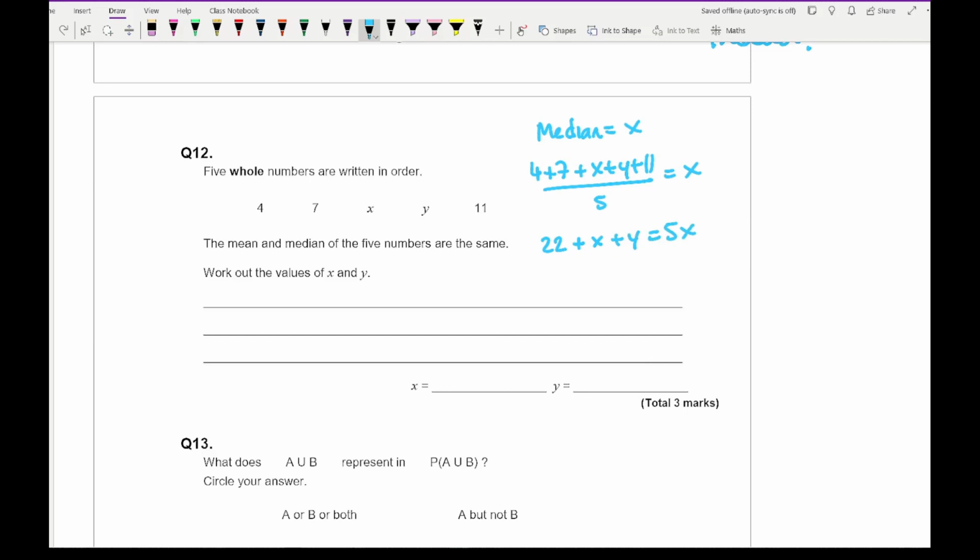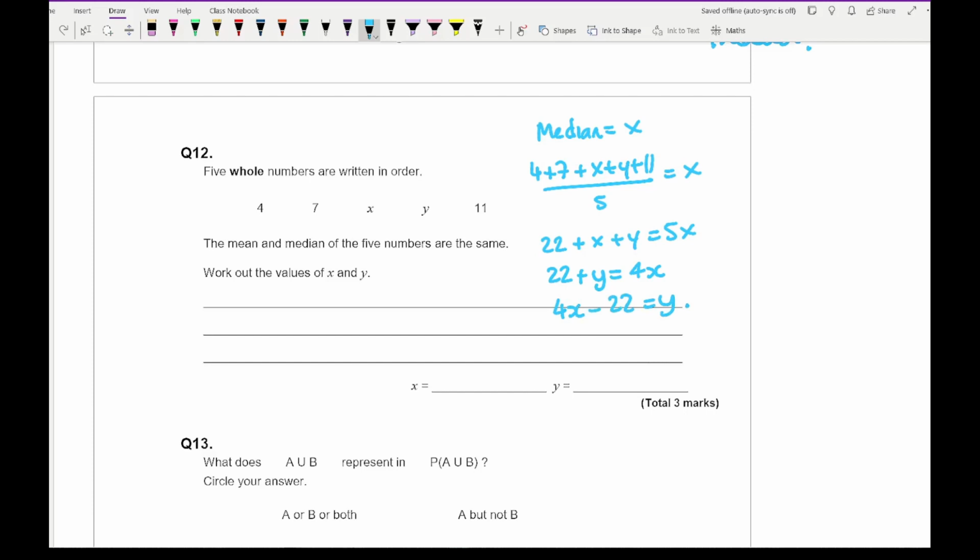And if I take the x over to the side, I end up with 22 plus y equals 4x. And from this, 4x minus 22 equals y. So that's one variation of that.